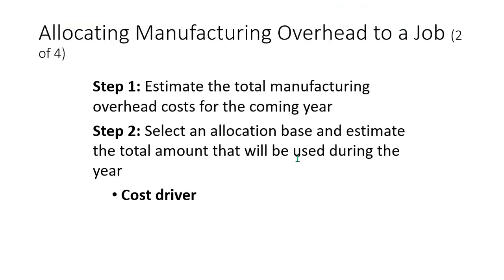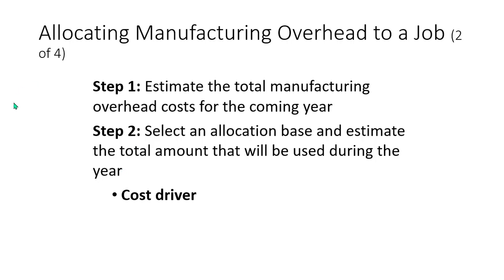So what we do is we estimate, on January 1st, the total overhead cost for the year. We do a good estimate, the best we can. Then we select an allocation base, that's the denominator, and estimate the total amount that will be used through the year.